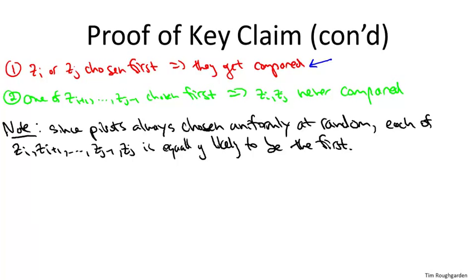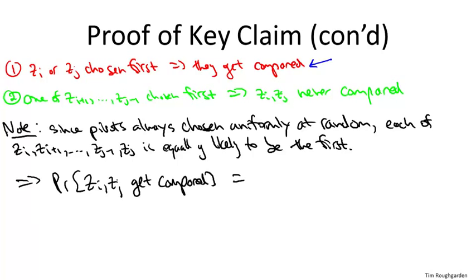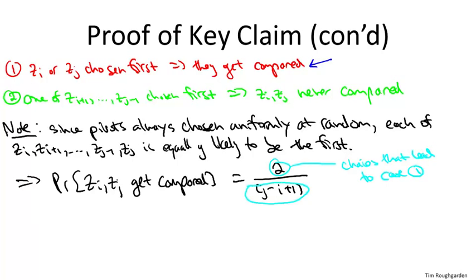So overall, because everybody's equally likely to be the first pivot, we have that the probability that z_i and z_j get compared is exactly the number of pivot choices that lead to a comparison divided by the number of pivot choices overall. And that is exactly the key claim. That is exactly what we asserted was the probability that a given z_i and z_j get compared, no matter what i and j are.